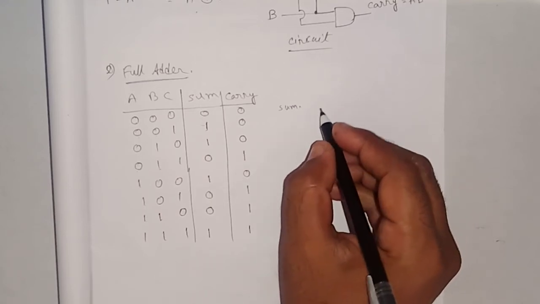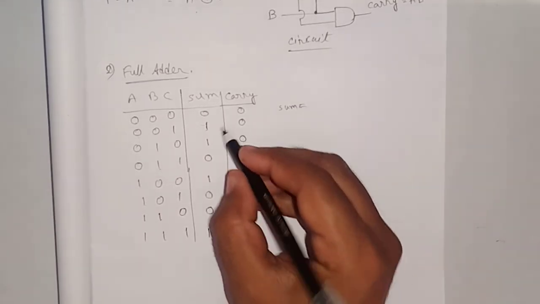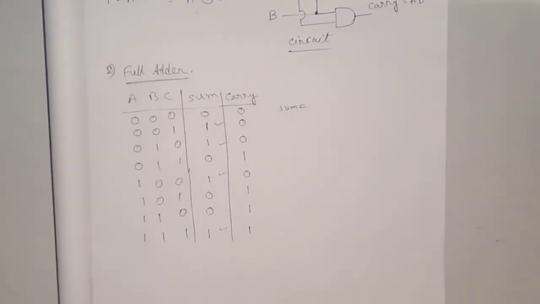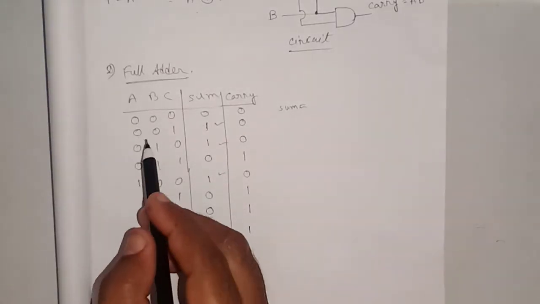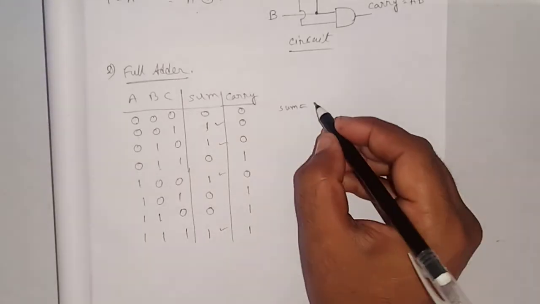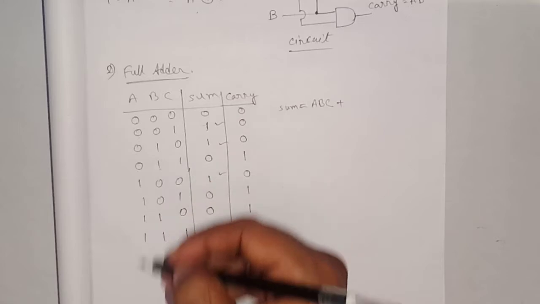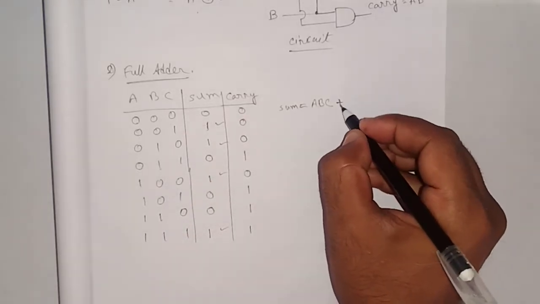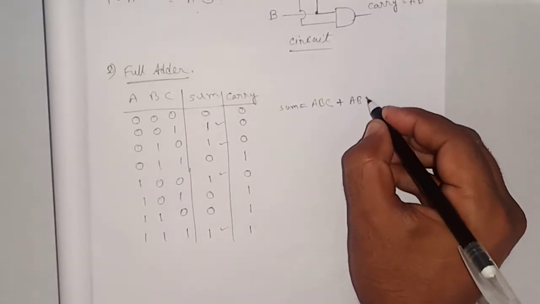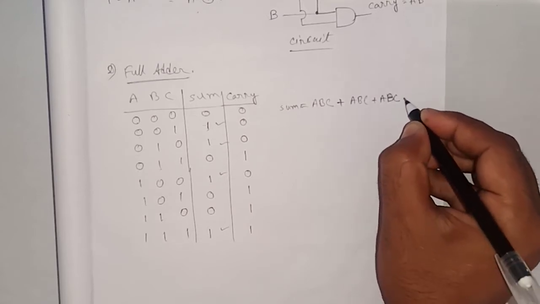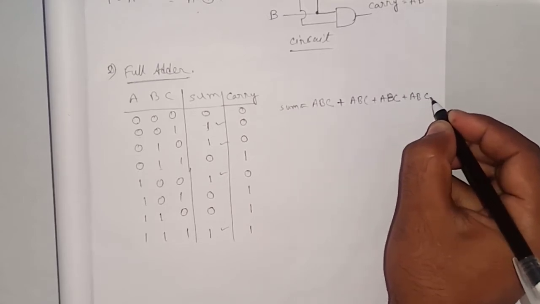That sum is equal to, you can see, 1 2 3 4, four ones are present. So we write four combinations of ABC. Because they are different lines, we are using plus: A' B' C plus A' B C' plus A B' C' plus A B C.